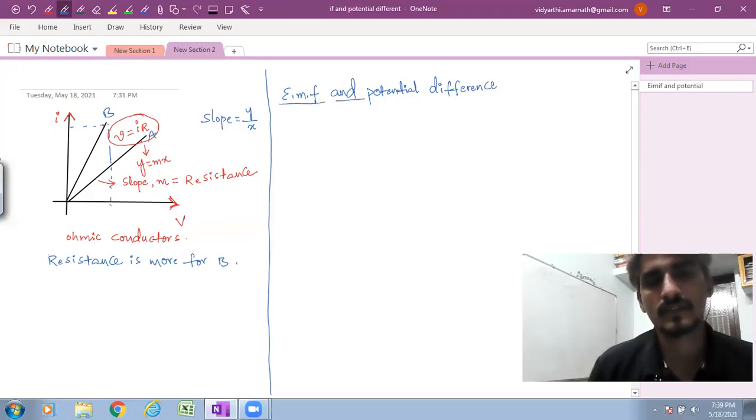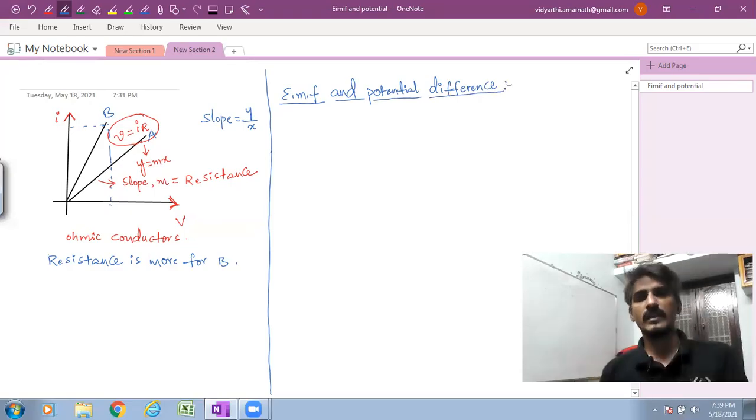EMF and potential difference. See, what is the difference between the EMF and potential difference?